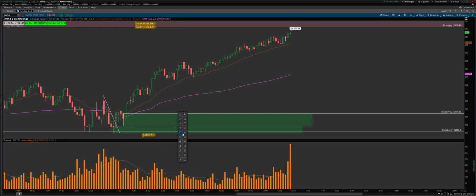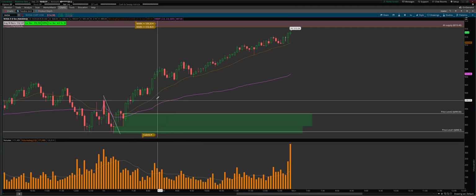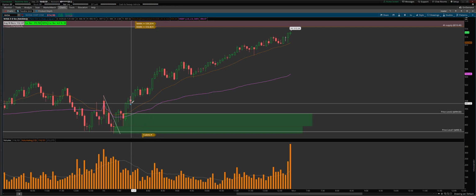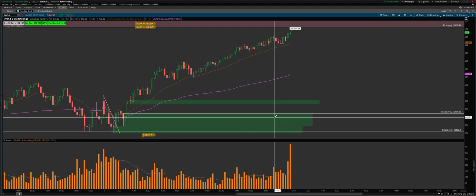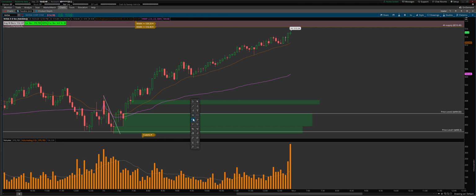And again here, this is already two zones on BA that formed. And we have another one here. This one here wouldn't have qualified, because the green candle afterwards did not fully engulf this red candle. This one here wouldn't have qualified because this green candle didn't engulf this, so there's no pattern here.